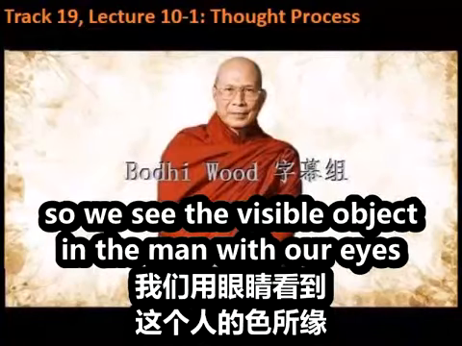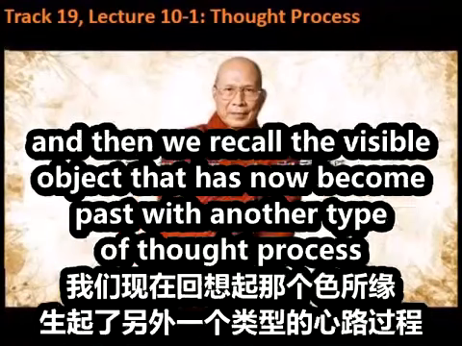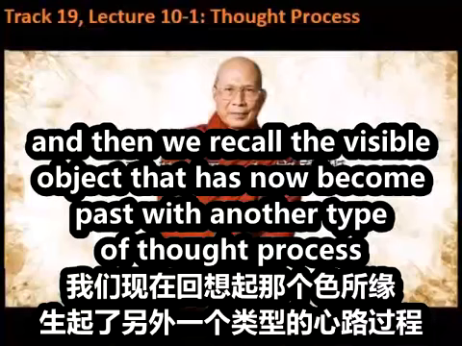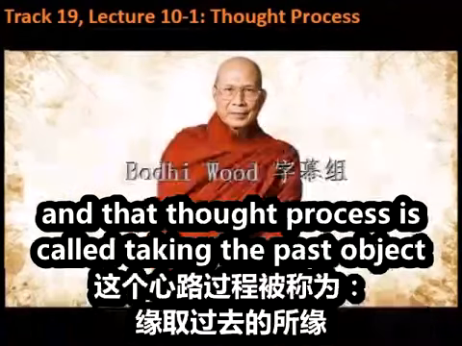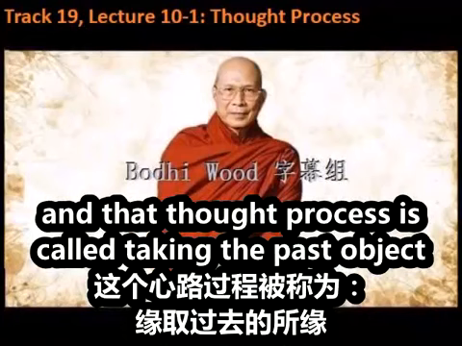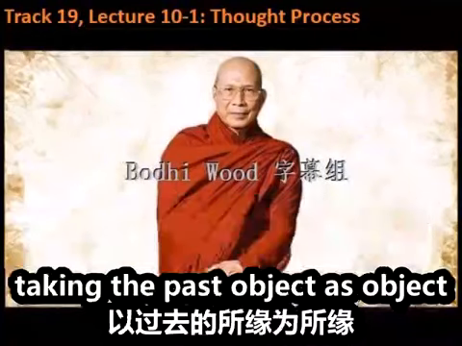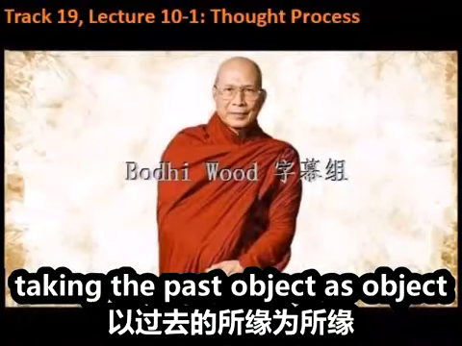So we see the visible object in the man with our eyes, and then we recall the visible object that has now become past with another type of thought process. And that thought process is called taking the past object as object.